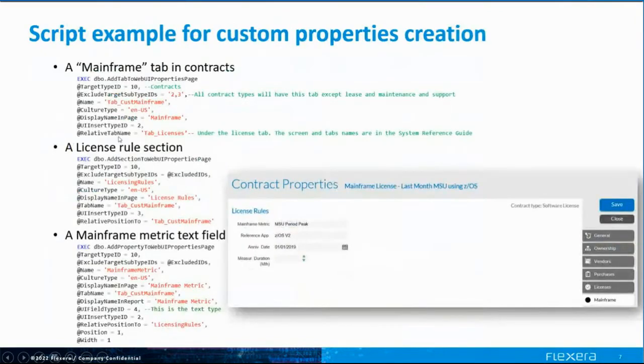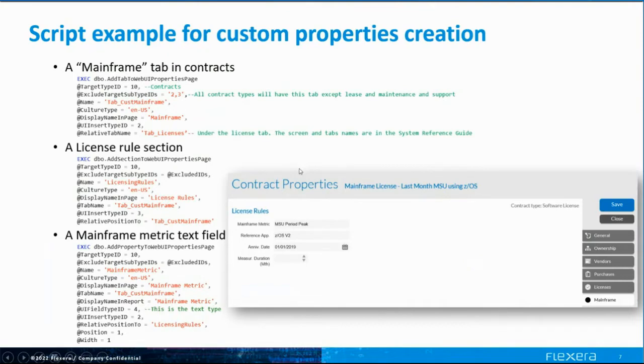So just to give you a real example, I had the luck of implementing a mainframe management project, which is quite specific and quite different from the classical SAM management activities. A mainframe has specific license metrics, has specific timing and periods.